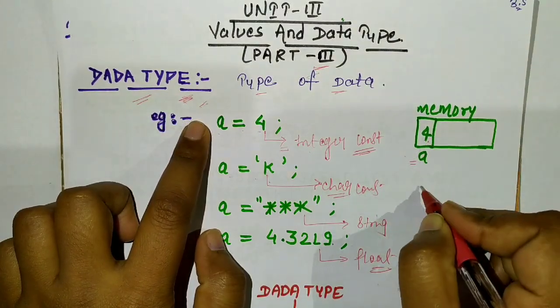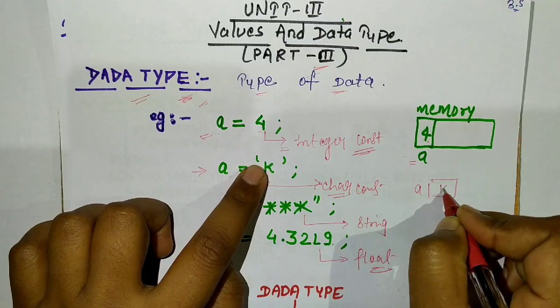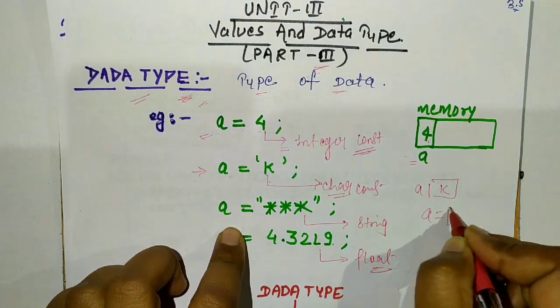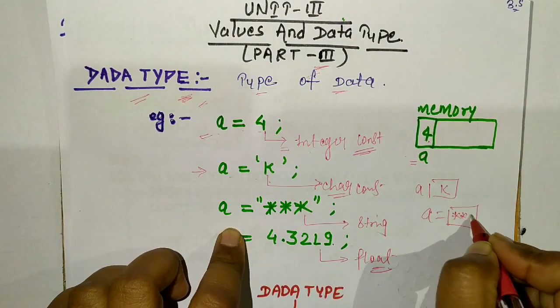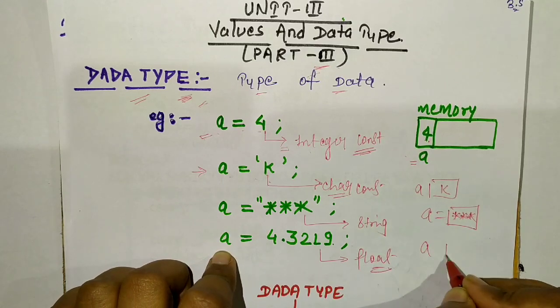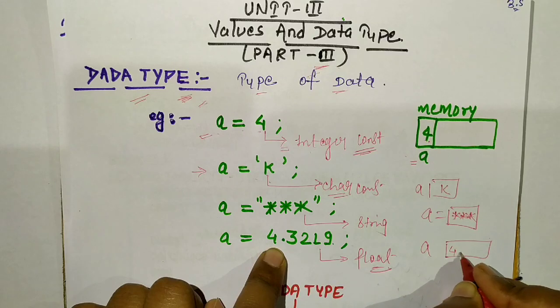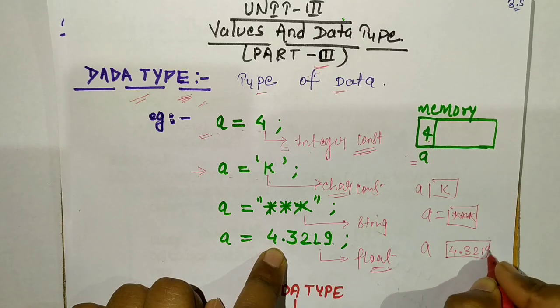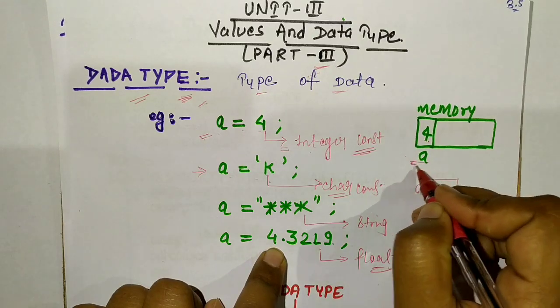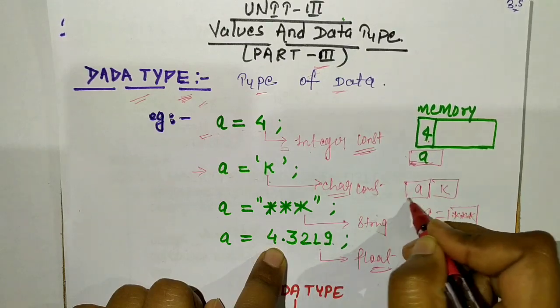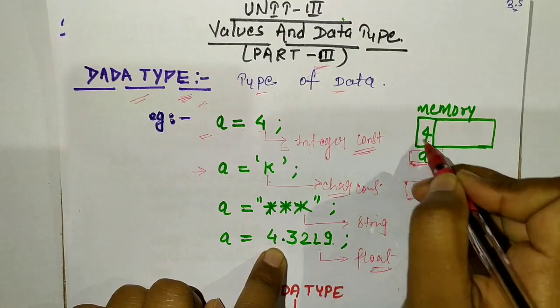a is equal to 4, then next a is equal to 'k', then next a is equal to star, so it stores star. Next a is equal to 4.3219, so it stores 4.3219. So what is the data type of a? Data type is defined by the value.